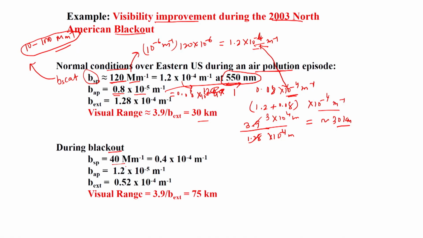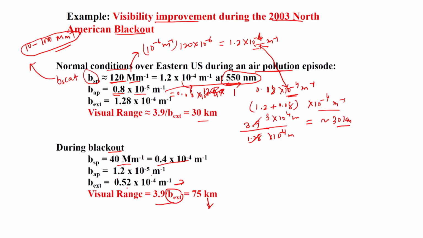During blackout days the scattering coefficient is less. The scattering coefficient is 40 into 10 to the power minus 6 meter inverse, and V absorption is 1.2 into 10 to the power minus 5. So you can calculate V extinction, which will be 0.52 into 10 to the power minus 4, and putting this value in you can calculate the visual range.